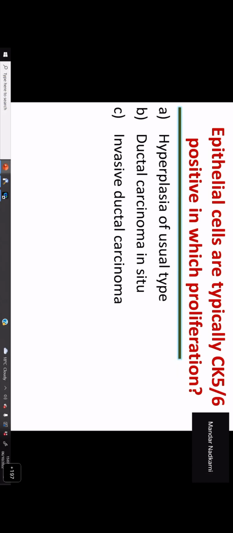Okay, so there are mostly A's, hyperplasia of usual type. Yeah, that is typically positive in CK5/6, with one caveat, that basal-like malignancy. Good. So we can move on to the next one now.